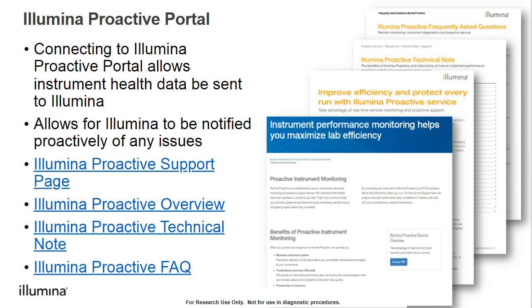Here we have some links to the Proactive support page, some overview, some tech notes, as well as some FAQs that can provide you with some more information about what is actually shared with Illumina. At a high level, we're not getting BCLs, we're not getting sample names, and we're not getting FASTQ files. It really is just iSeq 100 hardware metrics and the run metrics themselves.